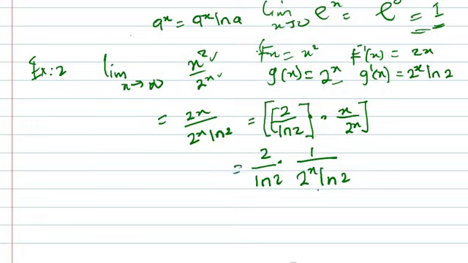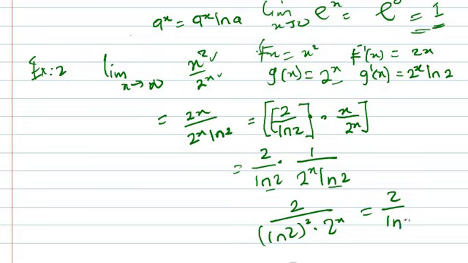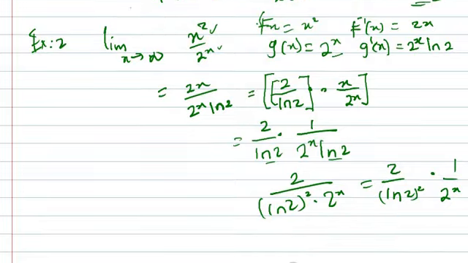So since we have ln 2 again, we have 2 times 1, giving 2 all over ln 2 squared, then times 2 power x. So we have 2 all over ln 2 squared, then multiplied by 1 over 2 power x.